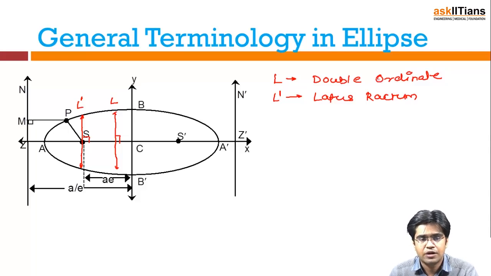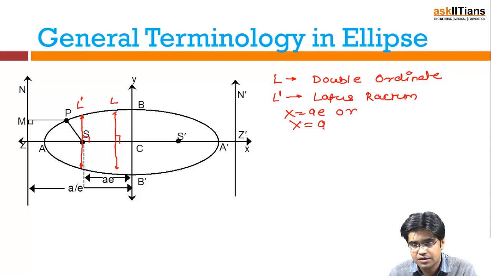Now one more important thing in which we are interested is the length of this latus rectum. How can we find it? We know that the equations of the latus rectum are either x equals ae or x equals minus ae.